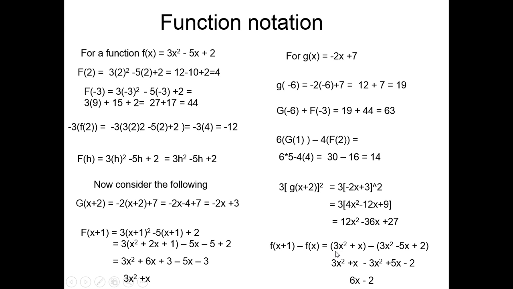So the result, f of x plus 1, we carry over from here, which is 3x squared plus x, minus the original function, and we watch the signs here because this is being subtracted, so be cautious because everything to the right of that sign is going to flip. So this becomes minus 3x squared plus 5x minus 2. We combine our terms, and we end up with 6x minus 2.